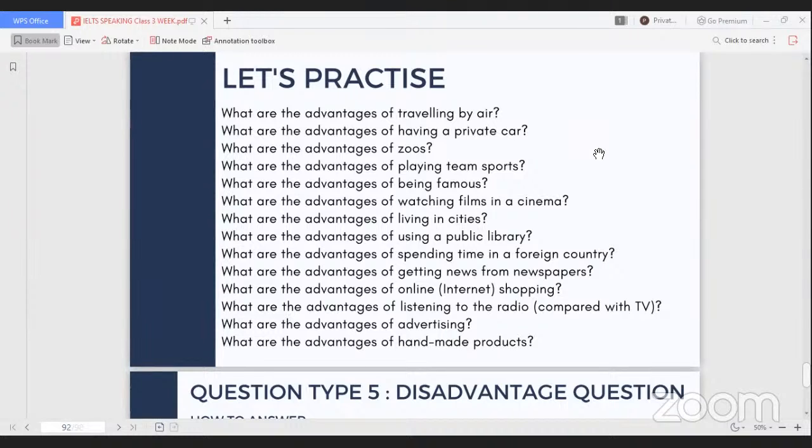So by listening to the radio, we can support them. At the same time, the second bonus might be that we can get information that may not be provided on television. With that information, we know something that other people don't know.